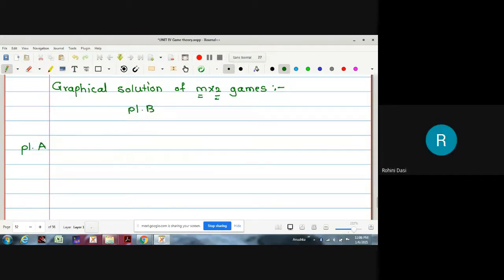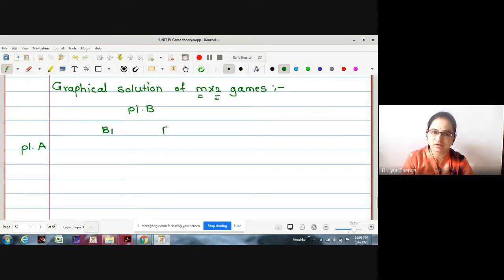For A it will be m and for B 2 activities. Yes, very good. Therefore, here I'll write the activities by the player B to be B1, B2, and let me write the activities by the player A to be A1, A2, up to Am, right?